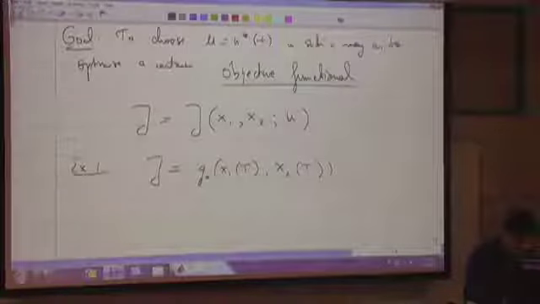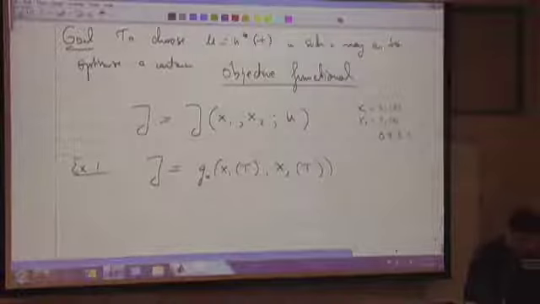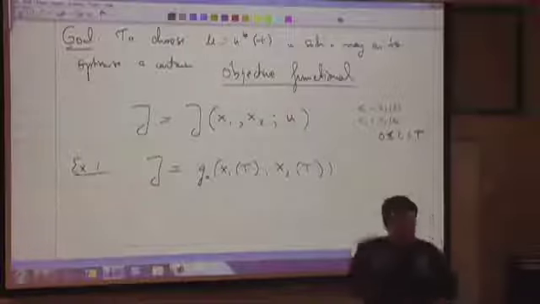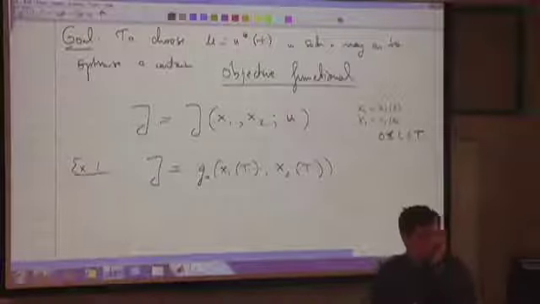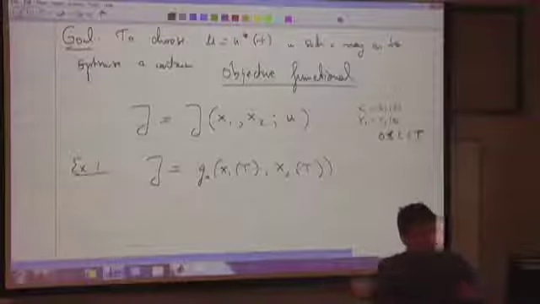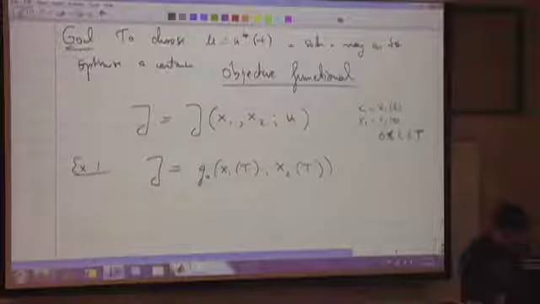I should say that x1 is a function of time, x2 is a function of time, and time goes between some time 0 and some final time. Okay? We're not going to be talking about optimal controls for infinite times.